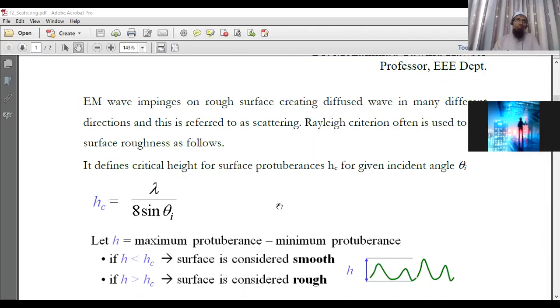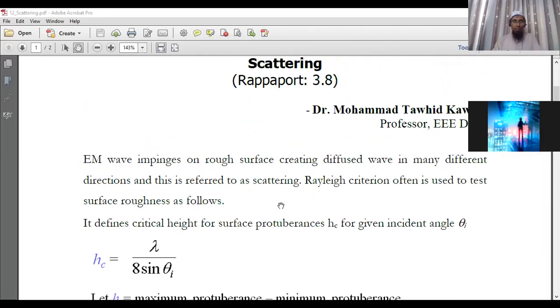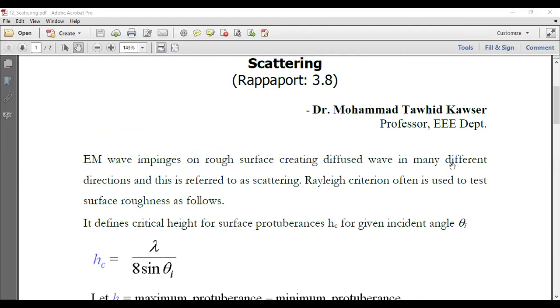Now, scattering will take place when the surface on which the electromagnetic wave is incident is rough. Rough means the surface has ups and downs, but small ups and downs. And there's a way to estimate whether these ups and downs are small or not.